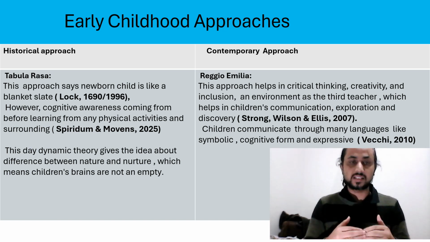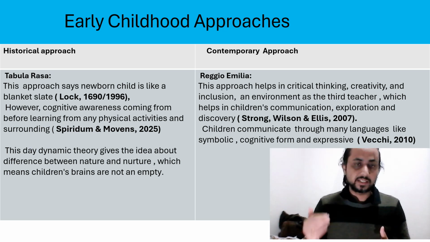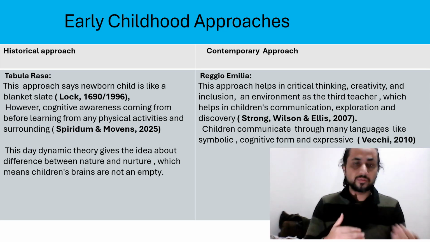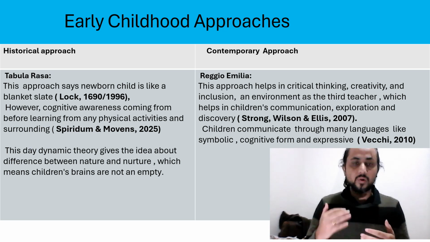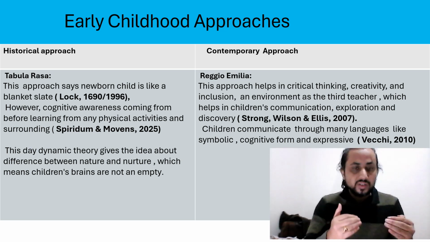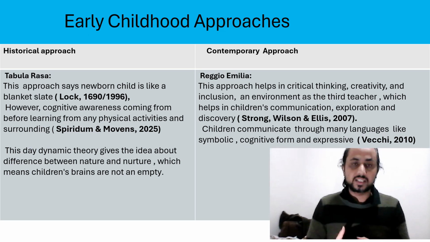This approach says that the newborn child is like a blank slate, which was proposed by Locke in 1690. However, cognitive awareness comes before learning from any physical activities in the surroundings, which was proposed by Spelke and Kinzler in 2025. This dynamic theory gives the idea about the difference between nature and nurture, which means the children's brains are not empty.